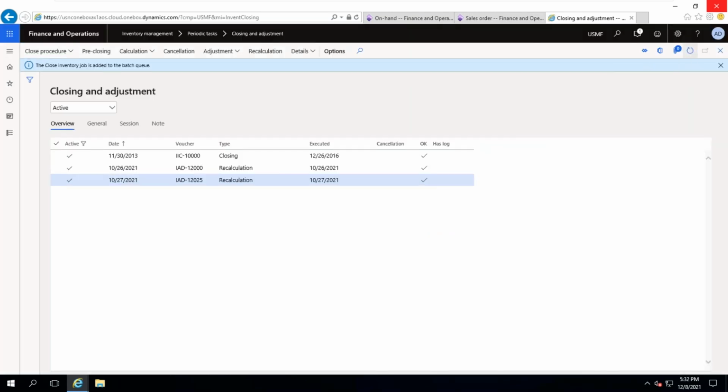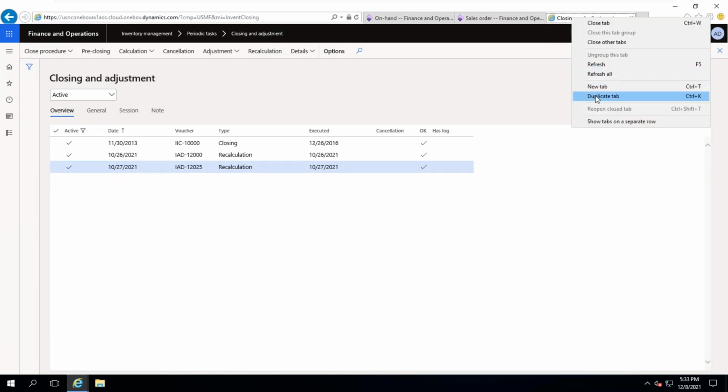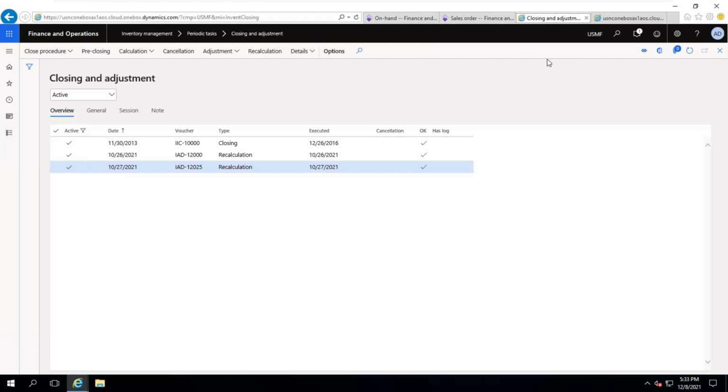Give me a second. Let me go to batch jobs. It should throw a red circle error first, and then it will go to green, I mean a tick mark. Give me a second.